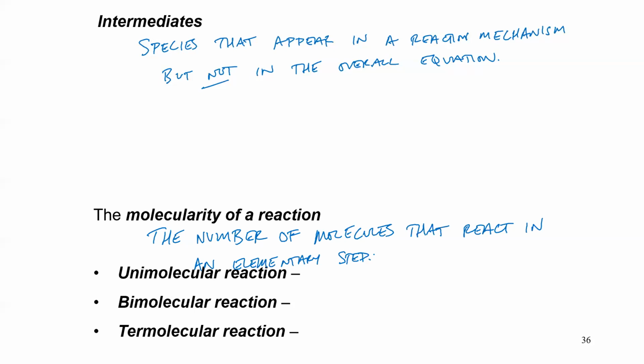So unimolecular, well, I bet you can guess. There's only one molecule reacting, only one chemical species reacting. Usually, if it's one molecule reacting, it's got to be a decomposition process. Now, one molecule is splitting up into smaller molecules. Bimolecular, of course, 2. Termolecular is 3.